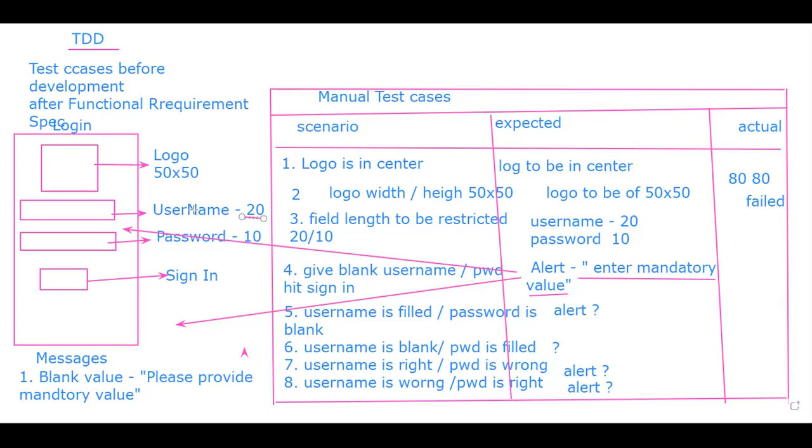Okay, I am good with that, Rajesh. Here, how are we going to implement our manual testing? You drew different boxes like username, password, sign in, the logo, and the flow when it goes from one place to another. We are going to write the code, or the code is already written.